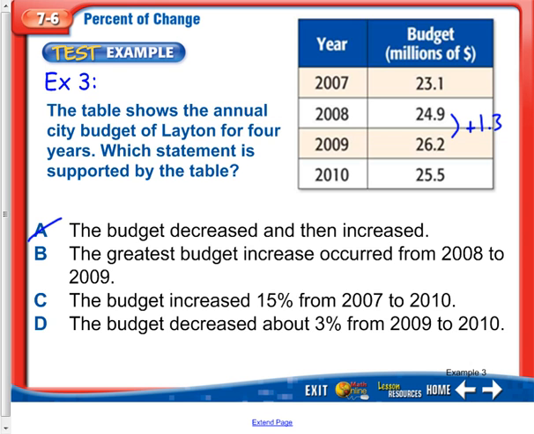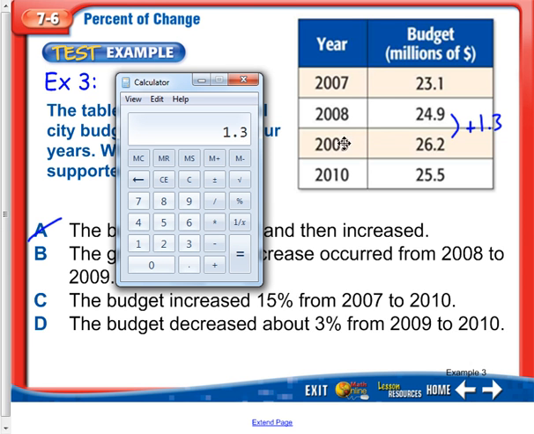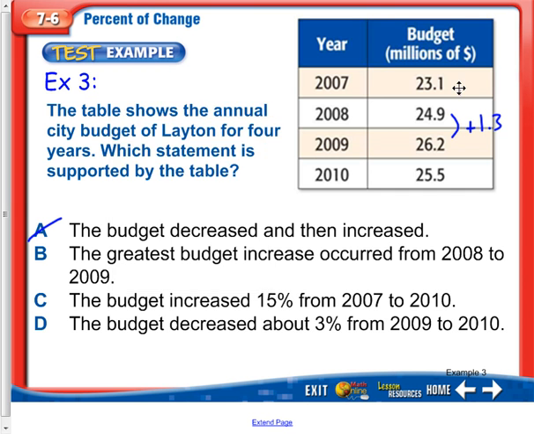And then I'm going to go ahead and find out what it was right here. So we'll do 24.9 minus 23.1, and that was a plus 1.8. So B is not correct because the greatest increase occurred between 07 and 08, and these are millions of dollars. So 1.8 million, 1.3 million.